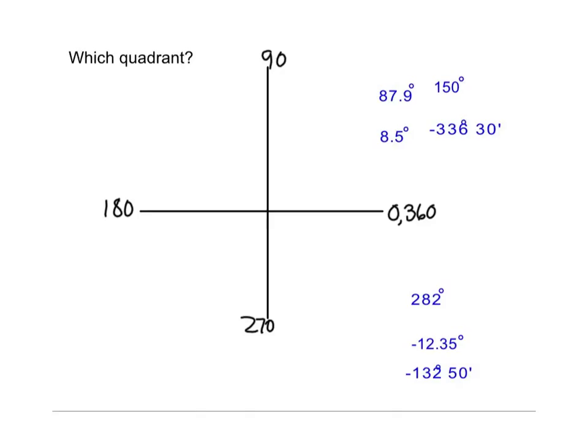You can determine where angles are in standard position, and you can determine what quadrant the terminal side of that angle is located. So for instance, if I have 87.9 degrees, that's going to be an angle that looks like this. The vertex is on the origin, initial side is here at 0, and it moves up 87.9 degrees.